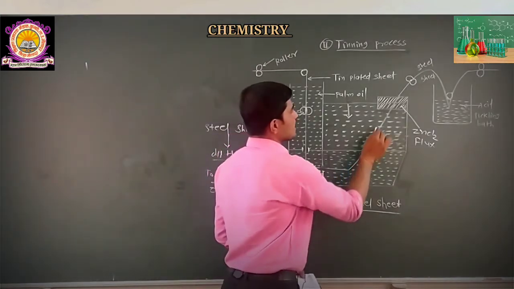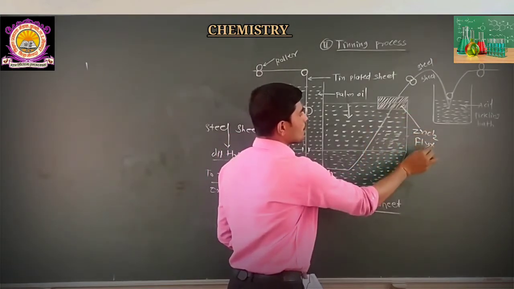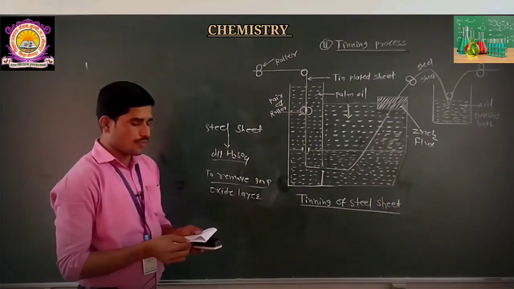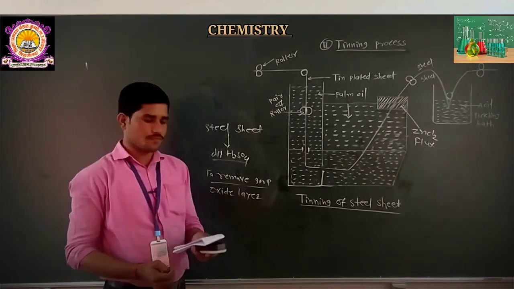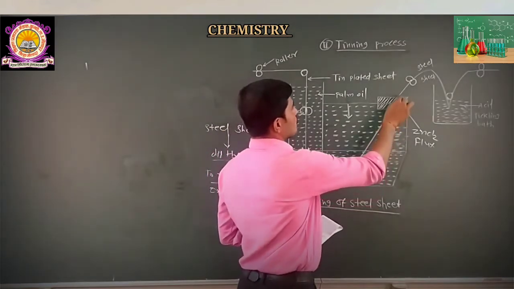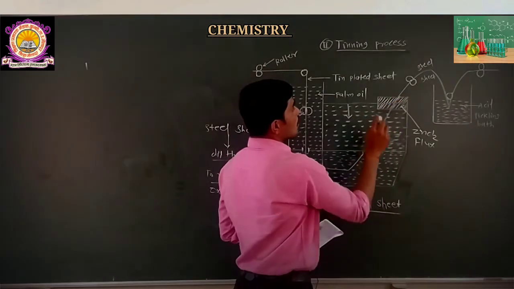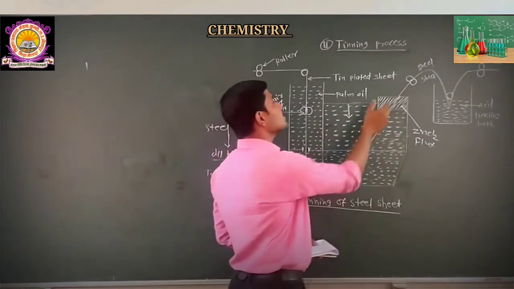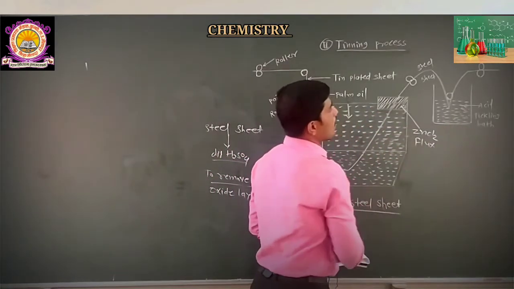It reaches the zinc chloride flux. Now the zinc chloride flux helps the coating adhere to the metal sheet, and later on this metal sheet will be passed into the acid bath.